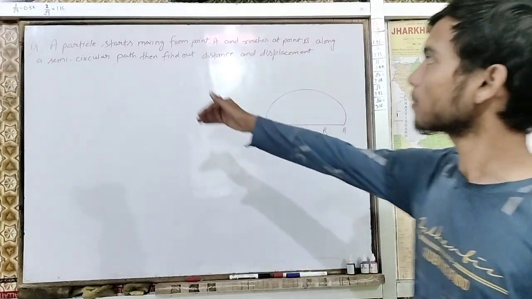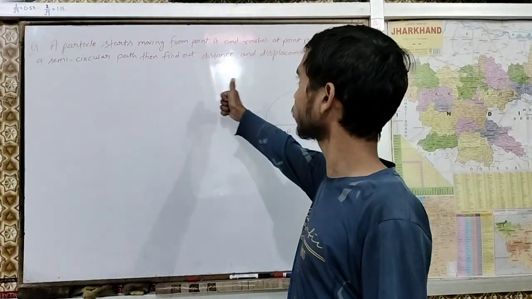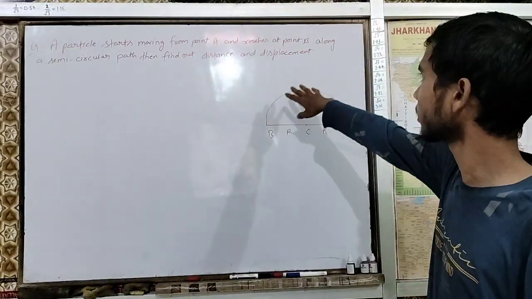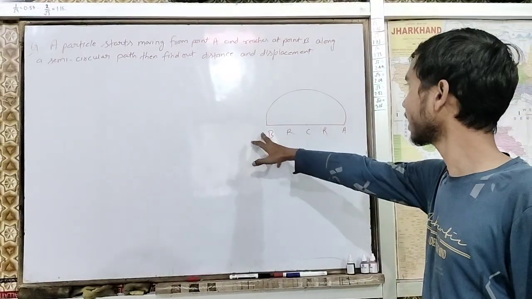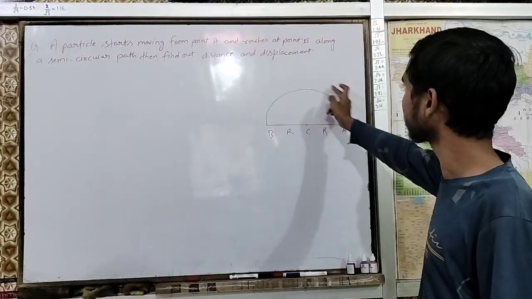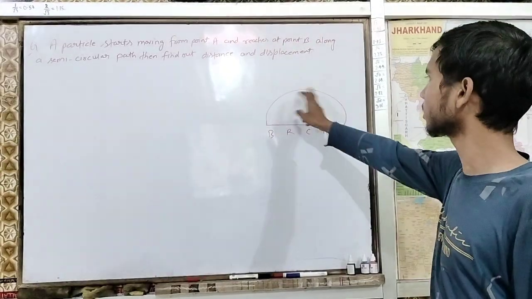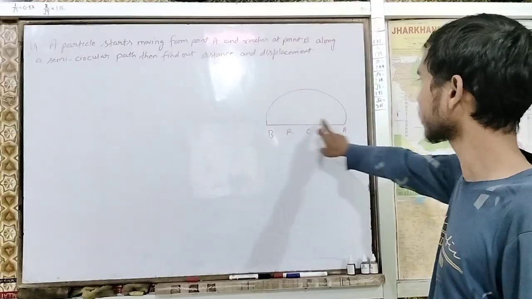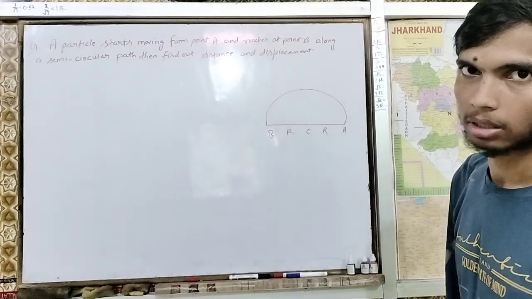It starts moving from point A and reaches point B over here. This curve will be our distance, but this straight line will be our displacement.